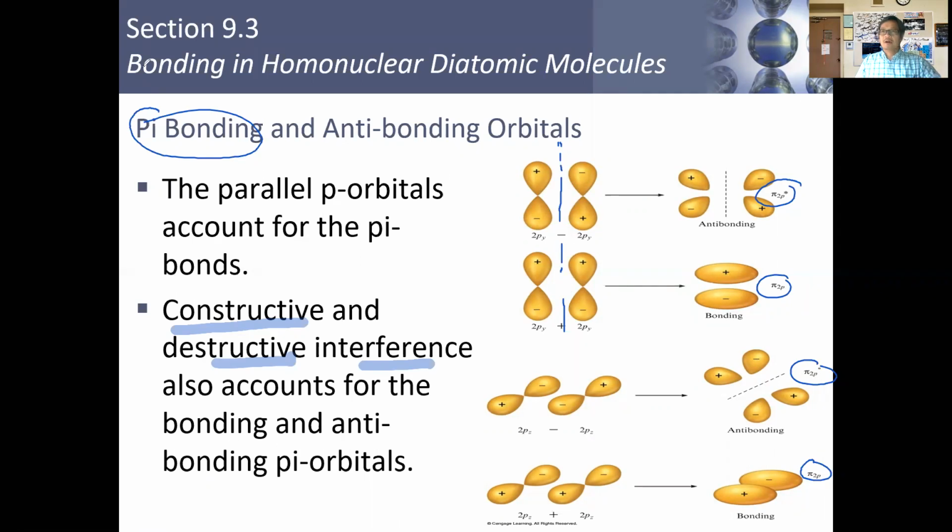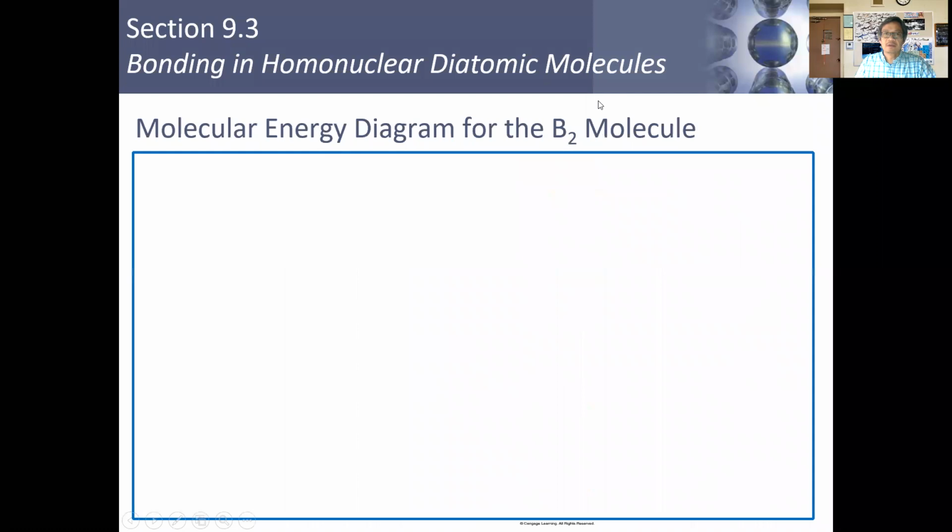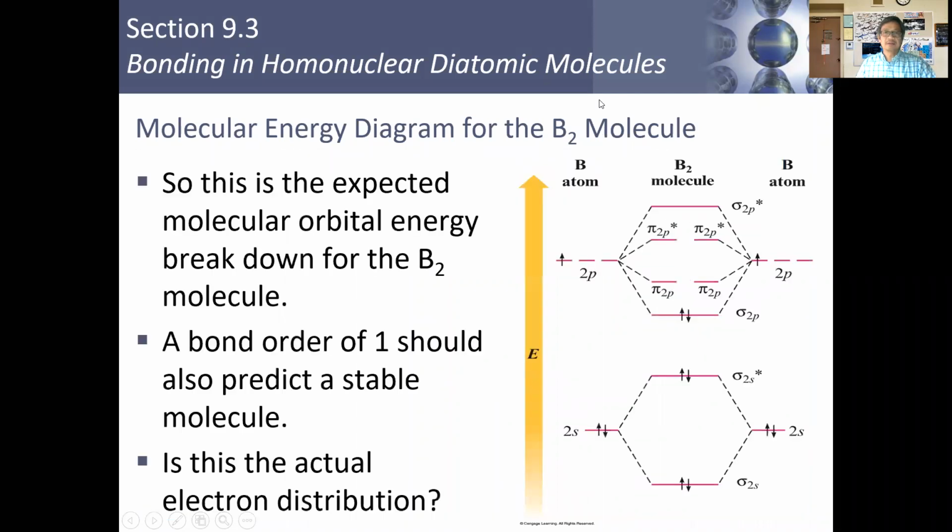Okay. All right. So with that said, let's go ahead and take a look at the boron molecule. So with the boron, let's go ahead and draw this in.